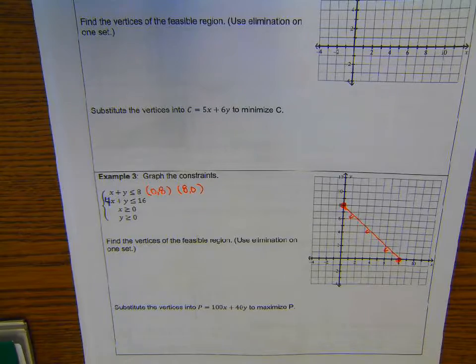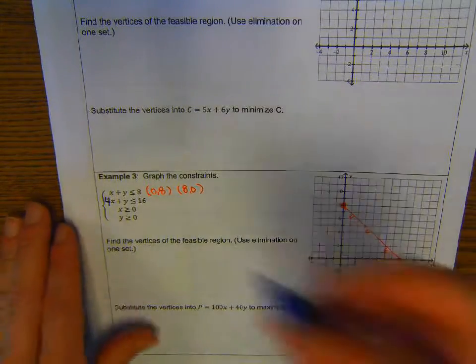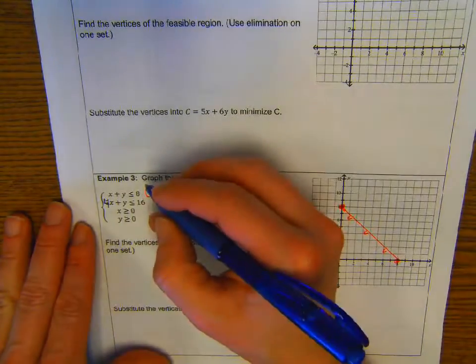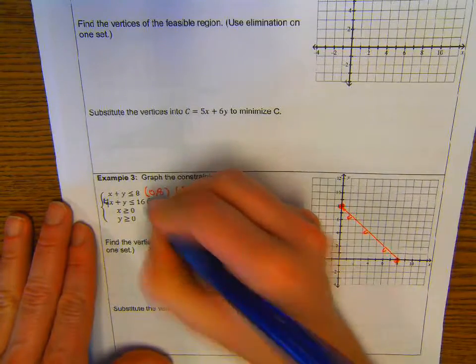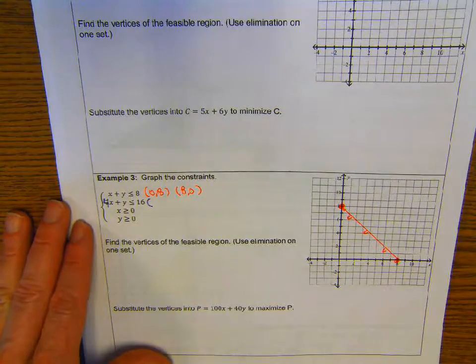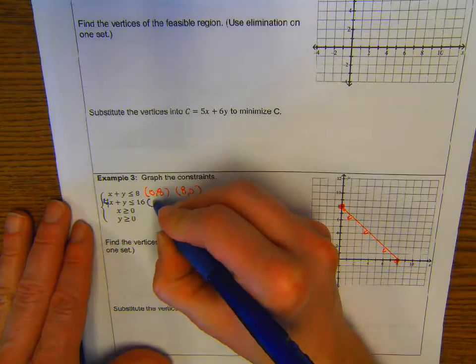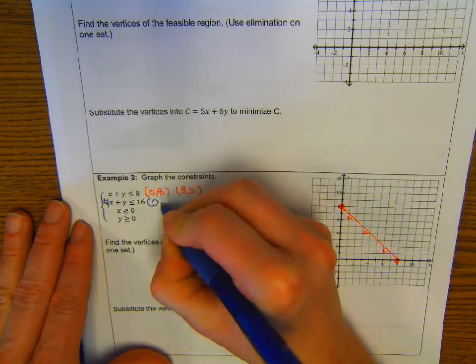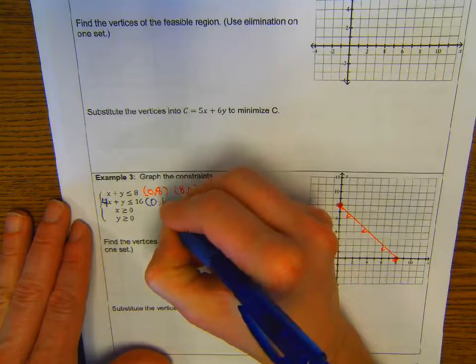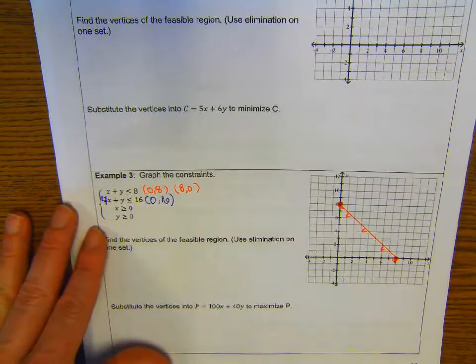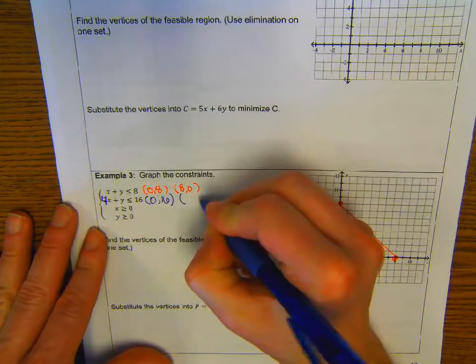Okay. You ready for the next one? So I have 0, 16. I'll have to add a point, it's fine. And how about this one?